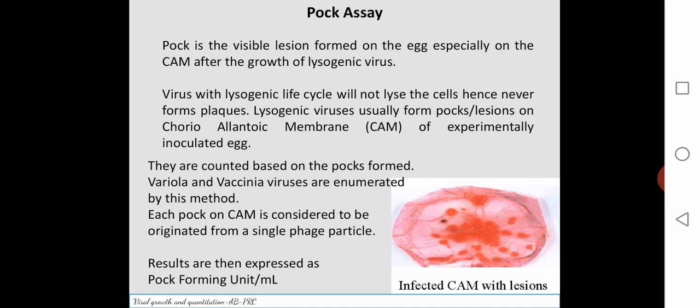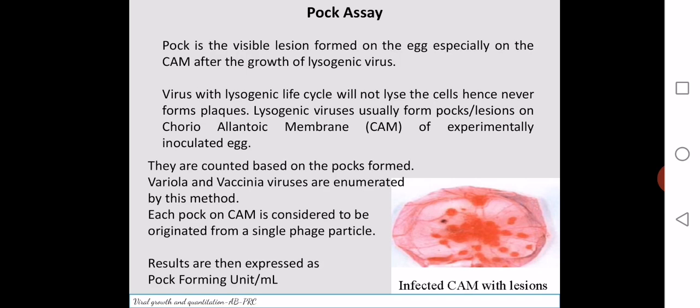Then pocks, as already stated, are the lesions formed on the egg, especially on the CAM, the chorioallantoic membrane, after the growth of usually lysogenic viruses. These lysogenic viruses will not lyse the cells, but instead they will remain, and in that case you can see a propagated viral mass, visible as a lesion.